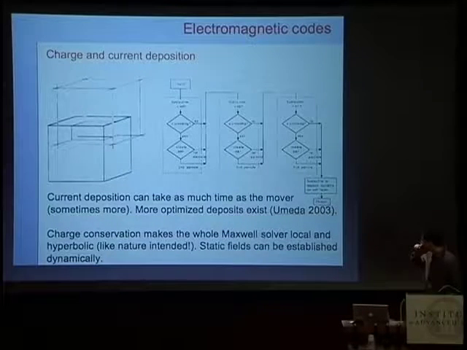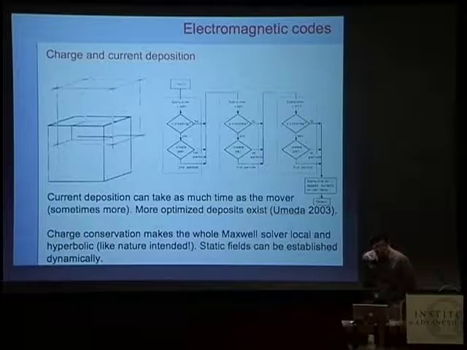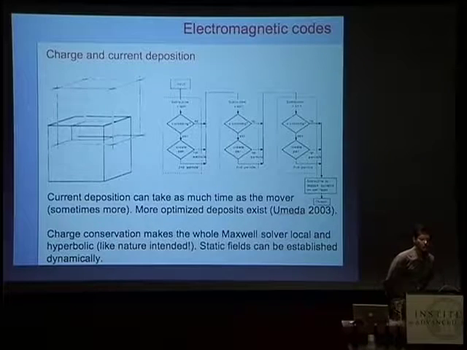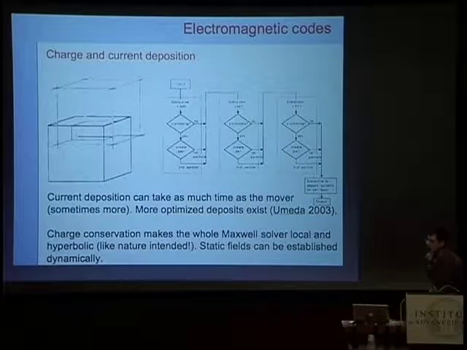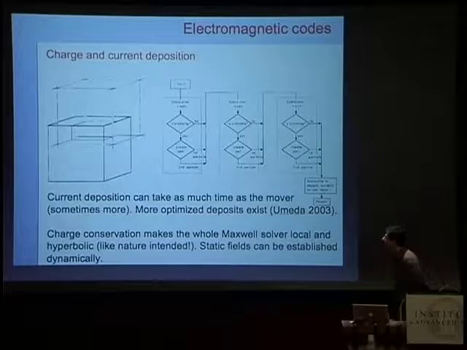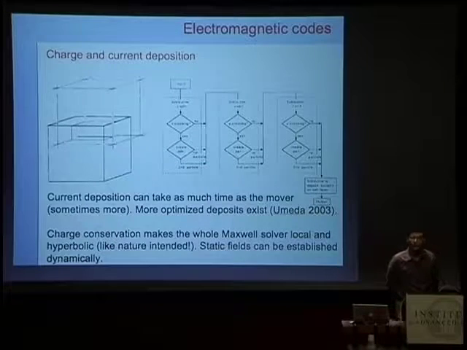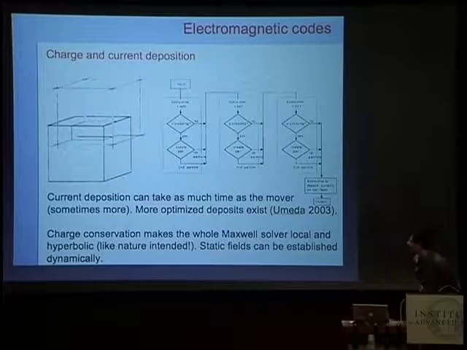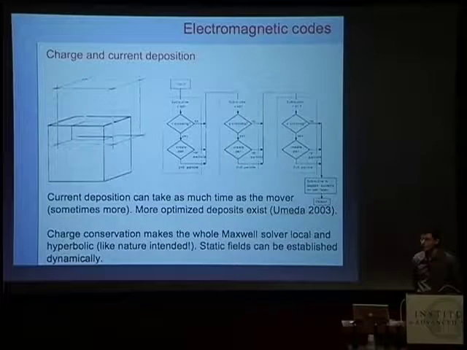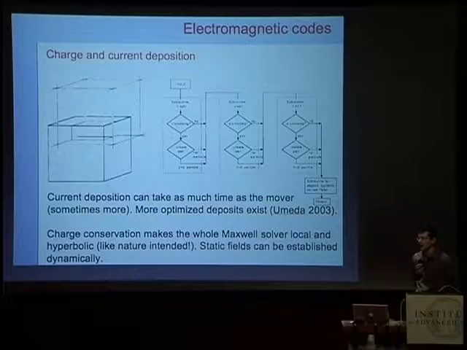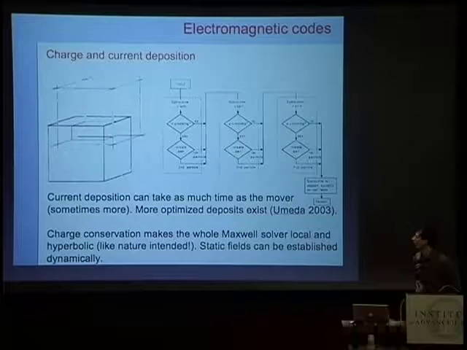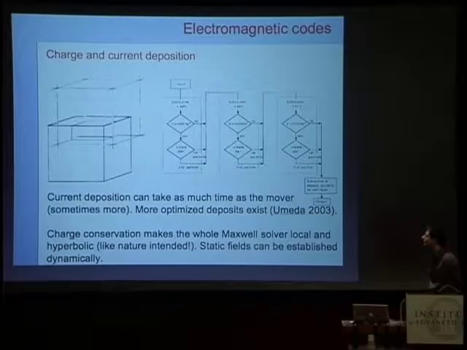You may think that any method would actually give you charge conservation. It actually turns out to be not the case. If you just take a particle and you know its velocity and you interpolate the instantaneous current to different parts of the grid, say bilinearly in all directions, you will find that as a particle moves through the grid, you can then calculate the divergence of the electric field, which you compute because there are currents associated with the particle motion.